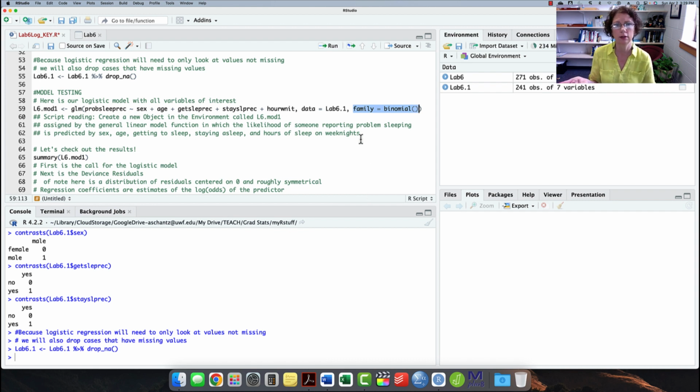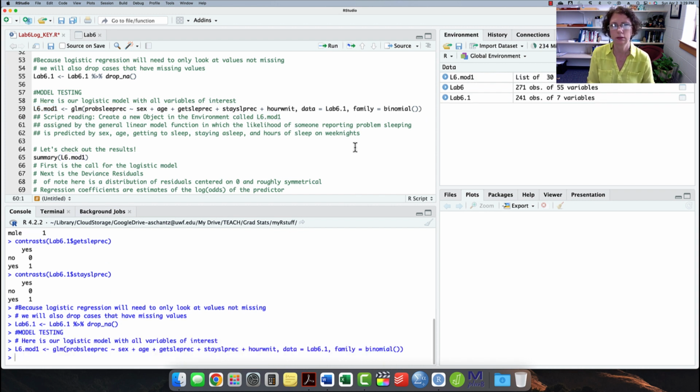We're telling R we're using family equal binomial, and we're going to give this a name in the environment. I named it L6 mod 1 for model 1. You can name it whatever you want though. So now I have L6 mod 1, list of 30, in my environment.